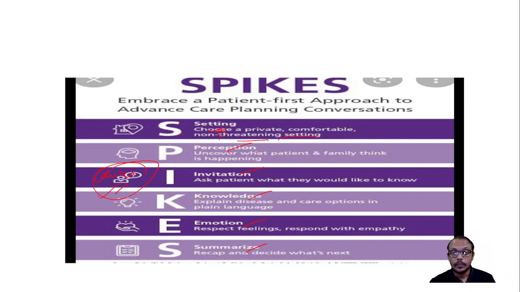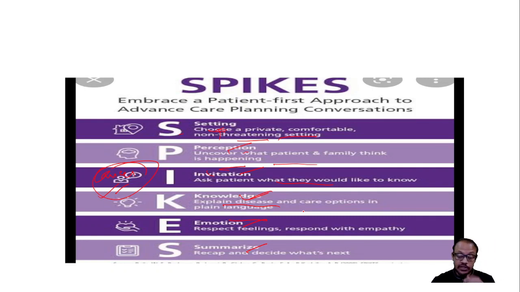So you have to uncover what the patient and family think about what is happening. You have to ask, do you feel that your patient is recovering or not? Then we ask the patient what they would like to know. Then we give the knowledge part: what is happening, that this patient is suffering from cancer, whether there will be less chances or more chances, second stage or advanced stage.